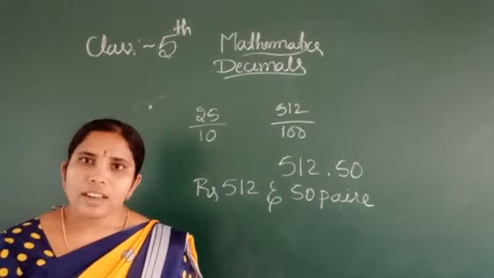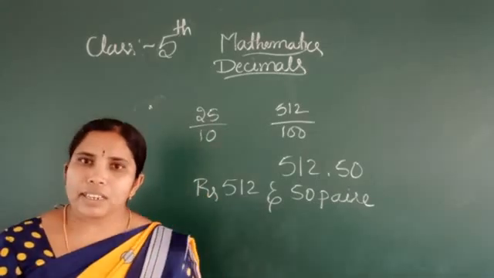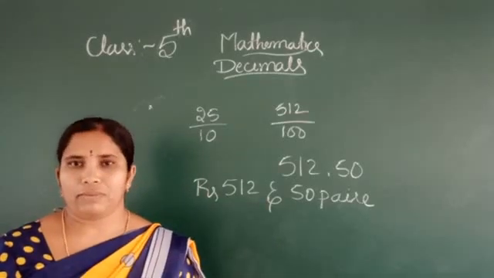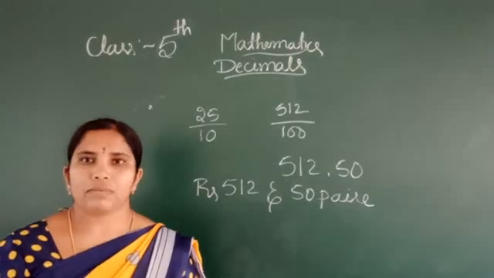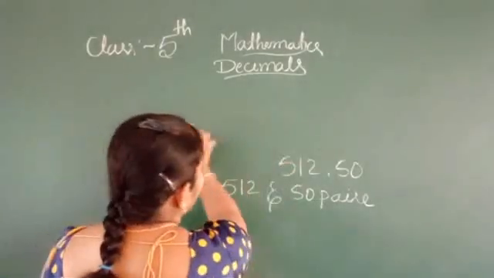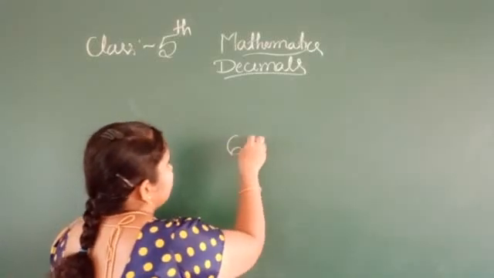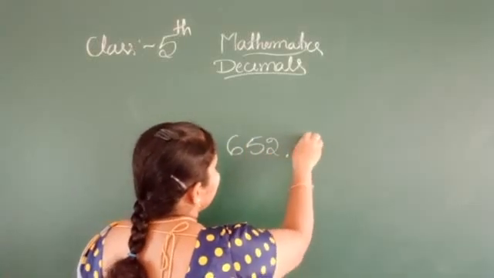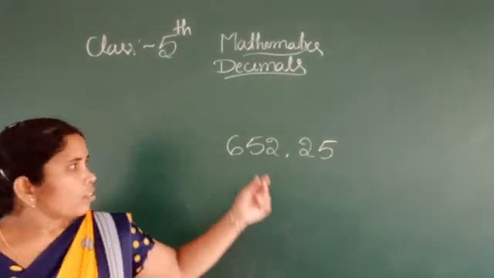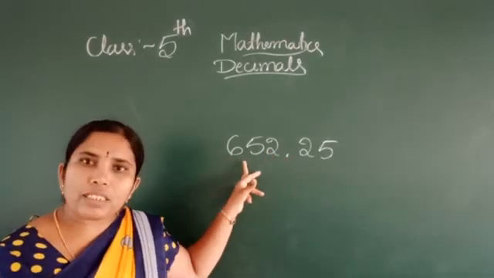Next we move on to how to represent decimal numbers in the place value system. Observe here, 652.25. The whole number part lies on the left side of the decimal point.